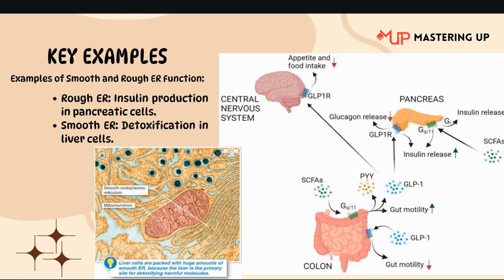On the right, you can see the release of insulin and glucagon from the pancreas, and the glucose metabolism is shown clearly.